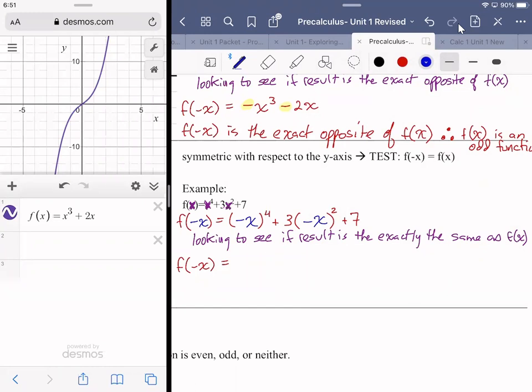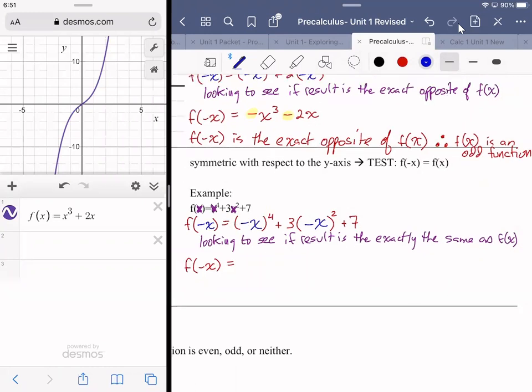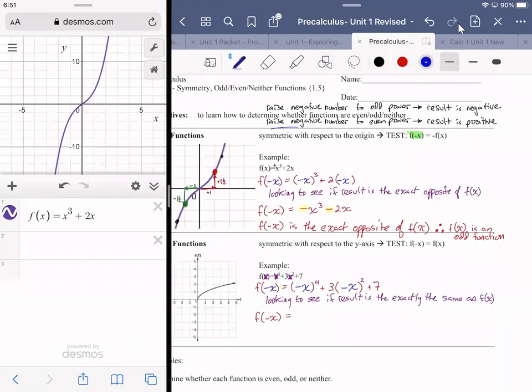So I'm going to take every one of those negative x's, in this case, there's only 2 of them, and raise them to even powers. That's what I was talking about before. Raise a negative number to an even power, the result is positive. Right? So in this case, I'm looking at an x to the 4th, back to red, plus 3x squared plus 7.